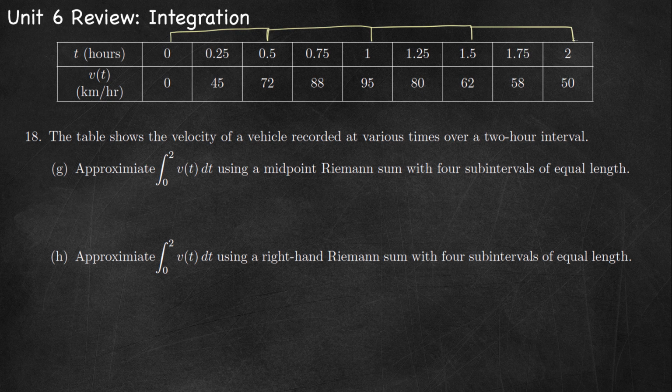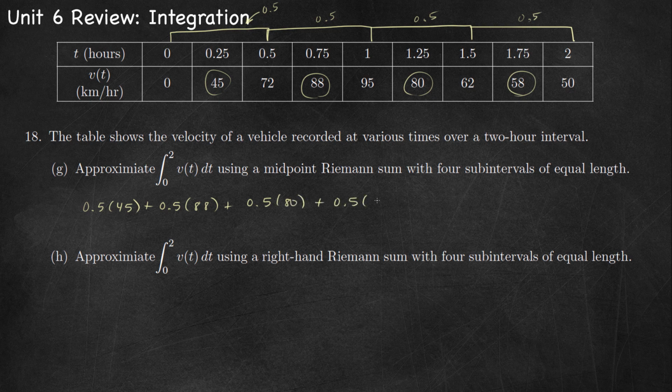We want a midpoint Riemann sum, so we're using midpoints as the height of the rectangle. The width of the rectangle, this first one is 0.5. Looks like they're all 0.5. So to show my setup, I'm going to do 0.5 times 45 plus 0.5 times 88 plus 0.5 times 80 plus 0.5 times 58.